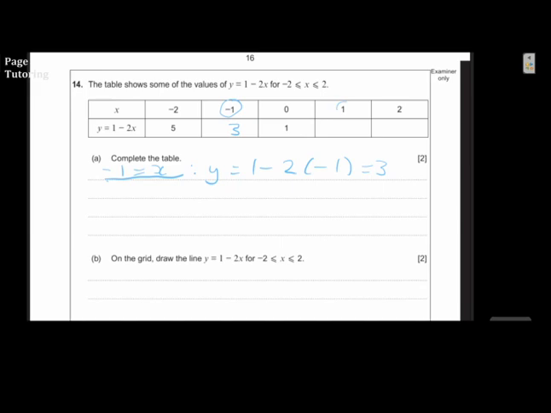And then we're going to do that for 1. So we're going to put 1 in: y equals 1 minus 2 times 1. So we're going to get -1. And if we're going to do for 2, y equals 1 minus 2 brackets 2, which equals -3. -3 and then -1. We've completed our table.